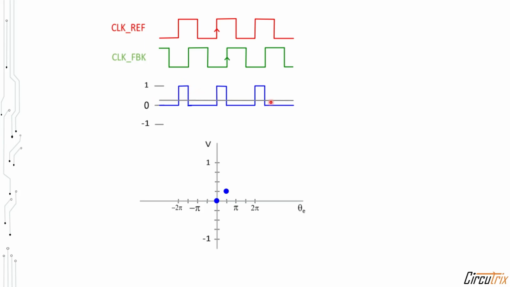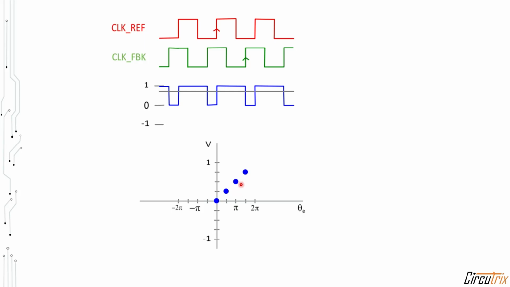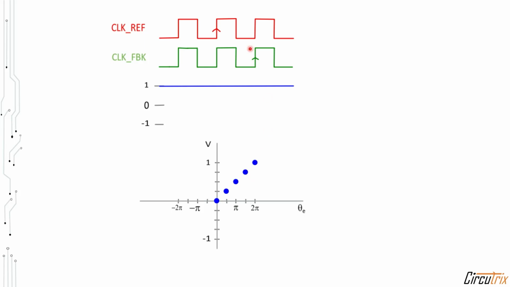So if we take an average, we will get 1/4 of the maximum value, which can be represented over here. Similarly, when it is lagging by half, we can represent this over here, and when they are lagging by 3/4, the value will be 3/4 of the maximum. When they are exactly 2 pi apart, we reach the maximum value at the output.